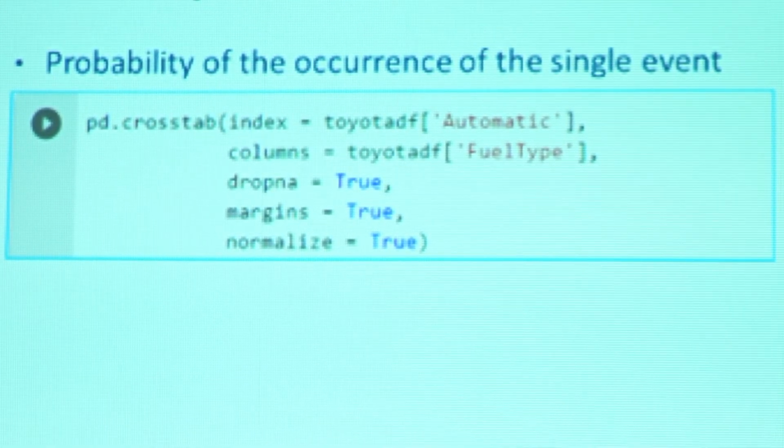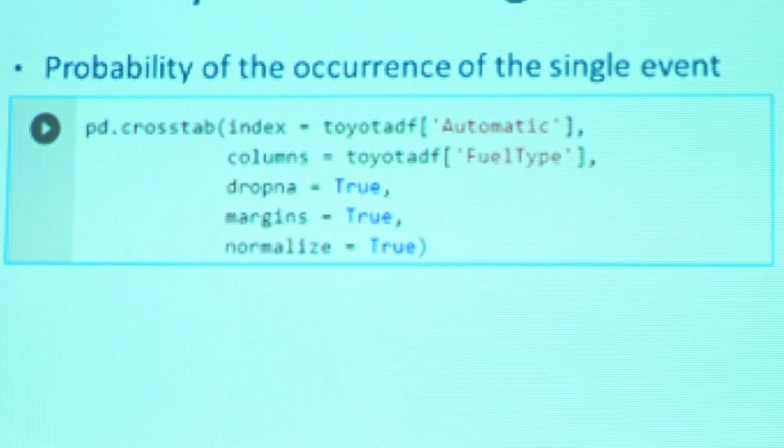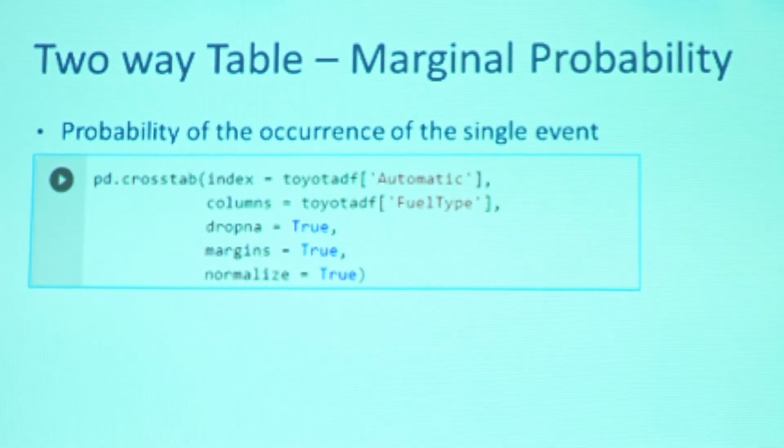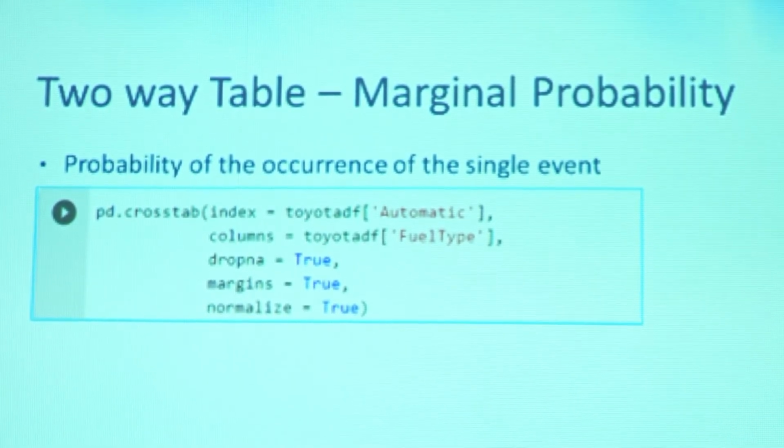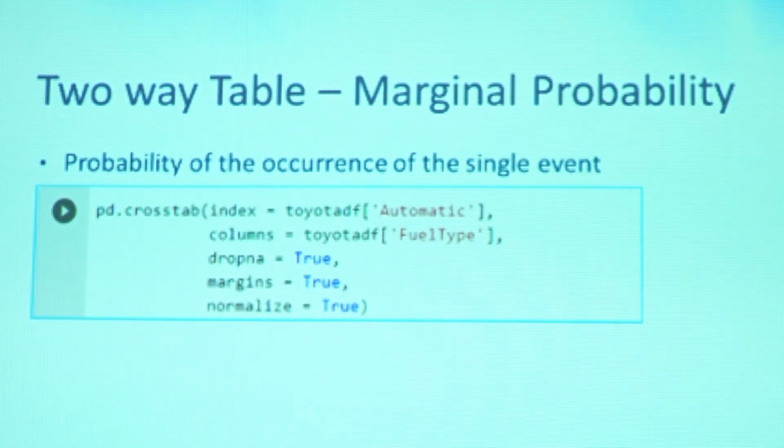If margins is false, it takes it as joint probability, guys. If margins is off and you're just normalizing it, it gives you a joint probability. But if you make margins true, now you will get a marginal probability. Joint probability you will see if two events can occur together, but in marginal, you are only bothered about one event.